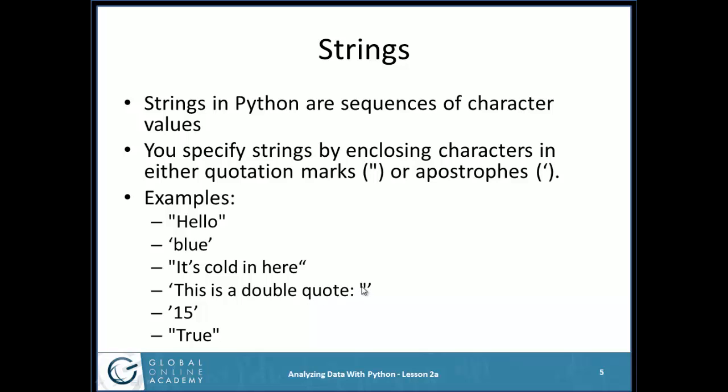I can now put a double quote inside a string. Quote 15 quote is the character string 15. It's not the number 15. You can't do arithmetic with it, but you can use it as a character string. And I can put True in quote marks. It's now the characters TRUE, not the logical value True that we learned about when we talked about Booleans.